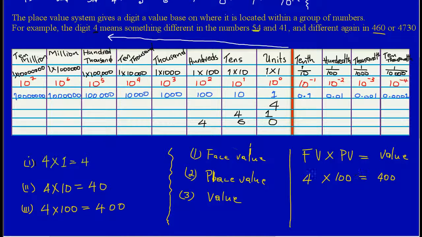So when I multiply the face value of a digit by its respective place value, it gives me the value of that digit.